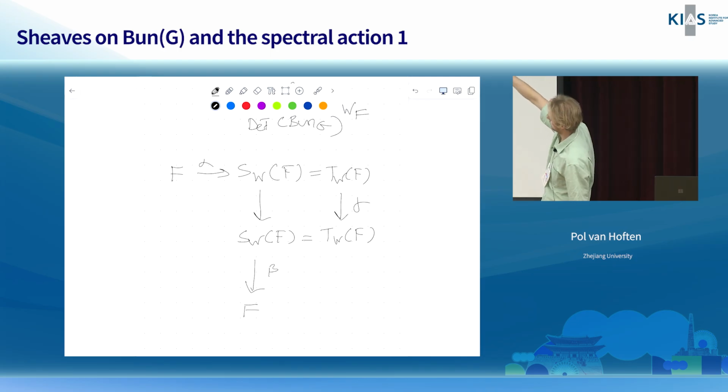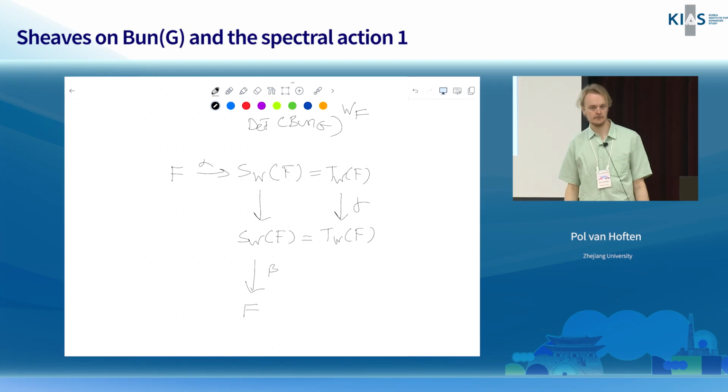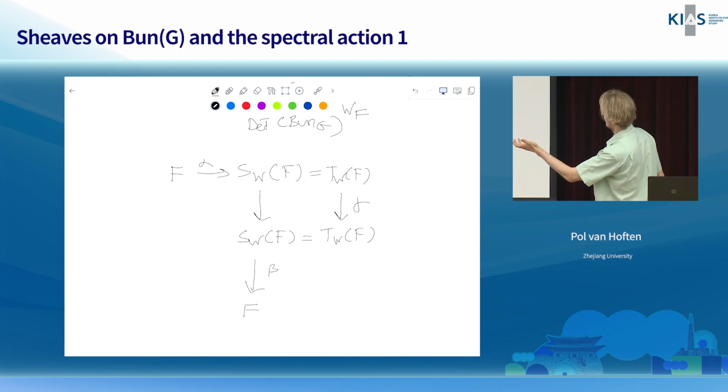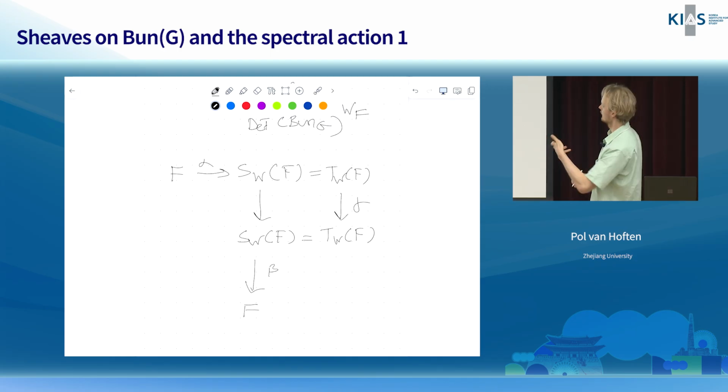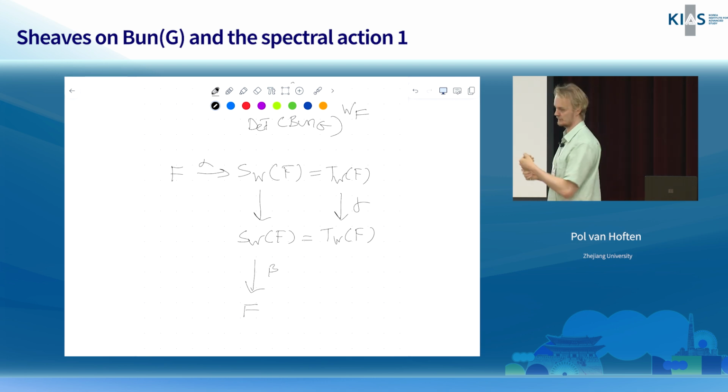So I can apply this action of gamma, and then apply beta to go back to F. So this is evidently functorial in F. It gives you an endomorphism of F, and if I have a G, I also have an endomorphism of G, and these are compatible.